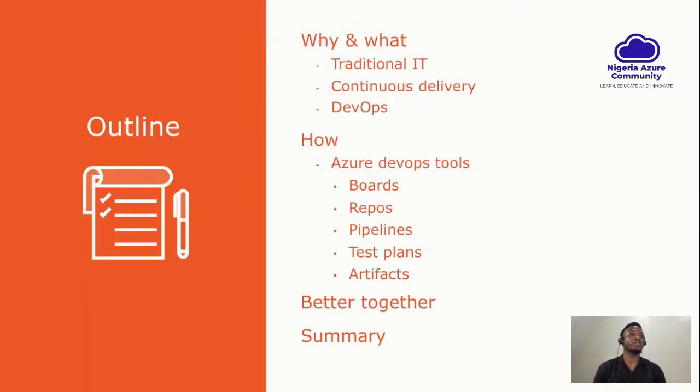This is the outline of what we are going to be covering in today's lesson: the why, the what, the traditional software development workflows that existed over time compared to what we have now, the modern way of developing and delivering software products to the market, how continuous delivery works, how DevOps works, and the basic principles of DevOps.